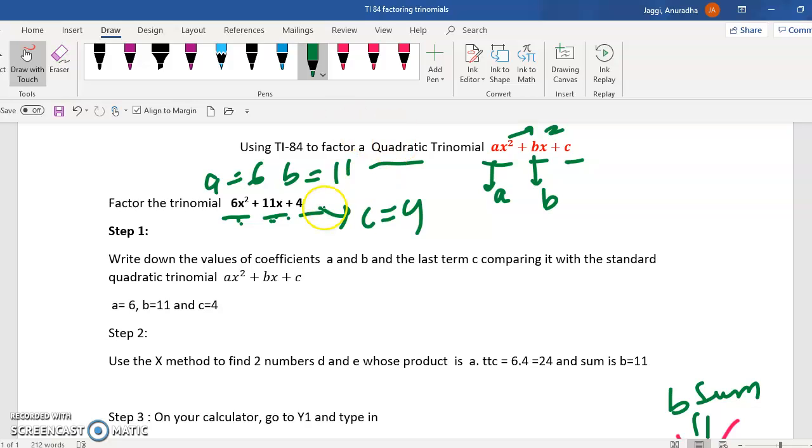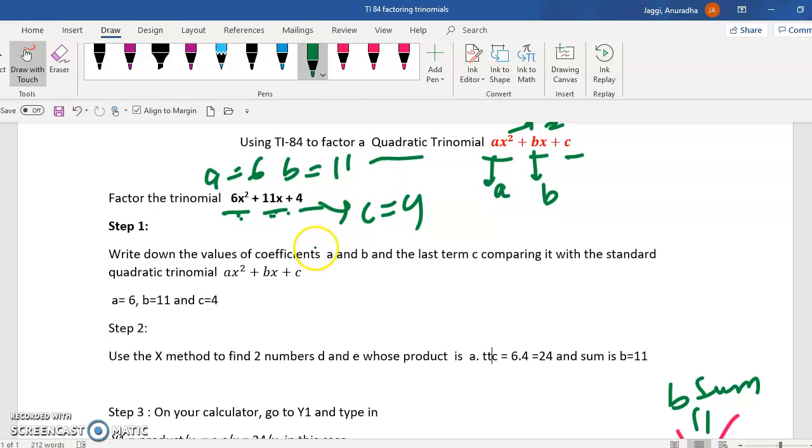So how do you factor this? And what does factoring mean? It means writing this trinomial as a product of two or three things. Okay, so step one: write down the values of the coefficients we just discussed, a, b, and the last term c, comparing with the standard quadratic trinomial.